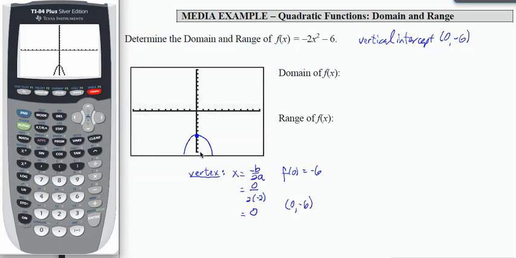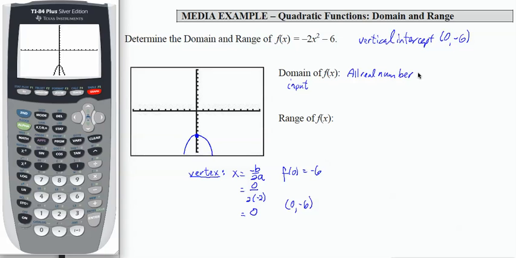So I want to find then the domain and the range for this function. Remember, the domain deals with input, and when you're working with a quadratic function, you can use any value for x as input. The way we write that as domain is we say all real numbers.